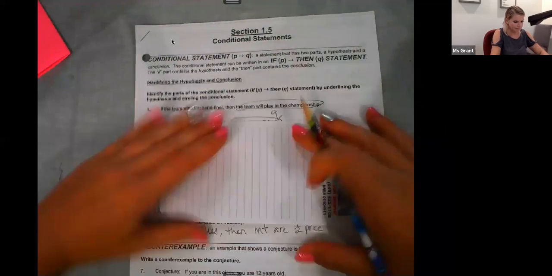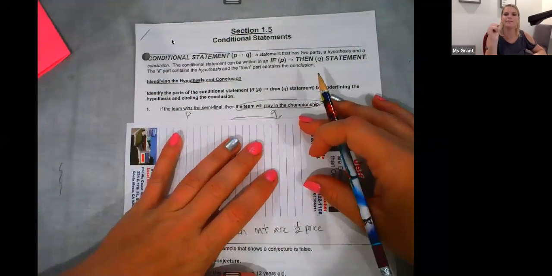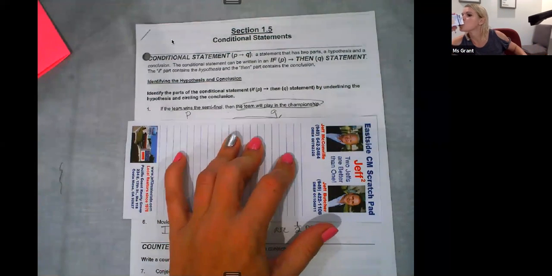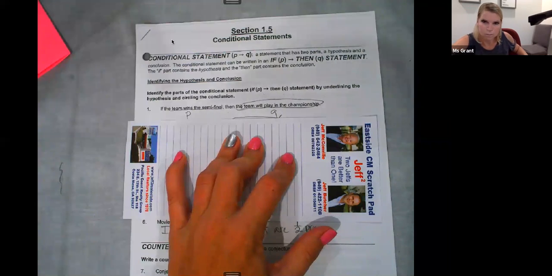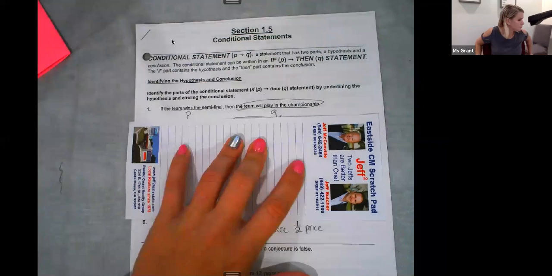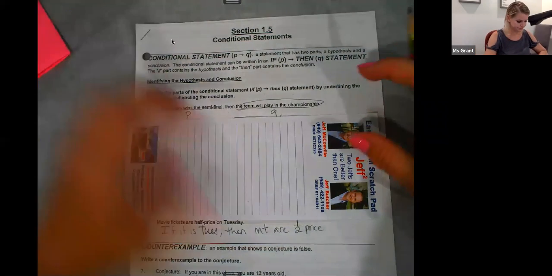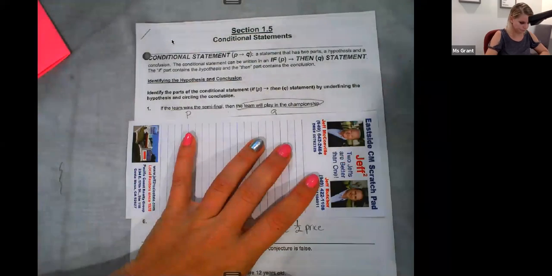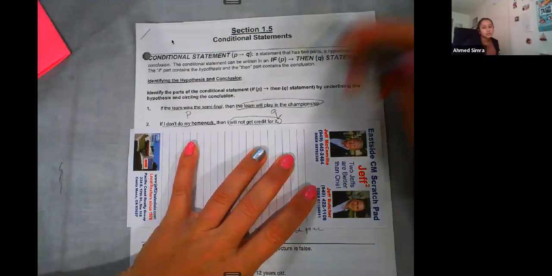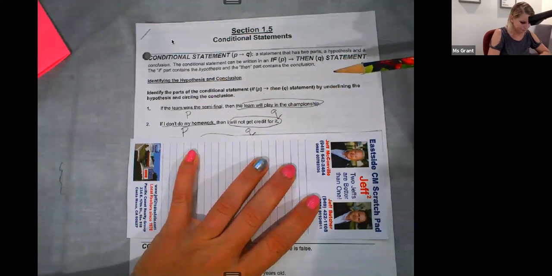All right, next one. If I don't do my homework, then I will not get credit for it. Underline the if, circle the then. Go ahead. Simra, go ahead. I underlined I don't do my homework, and then I circled I will not get credit for it. Perfect. P and Q. Awesome.